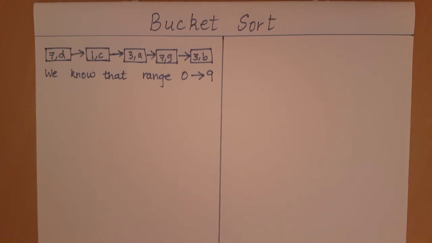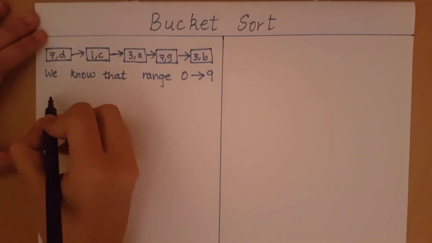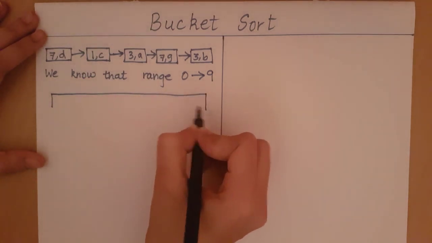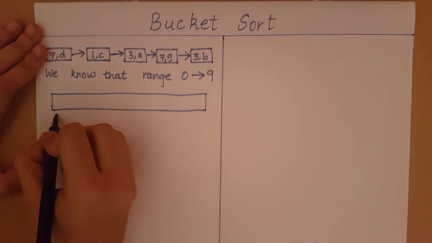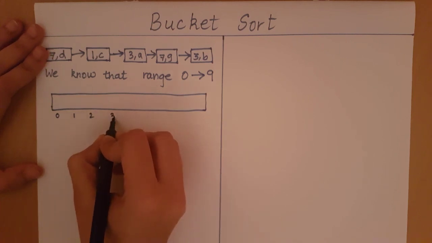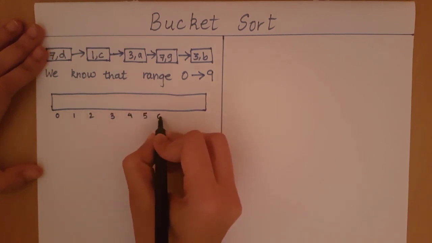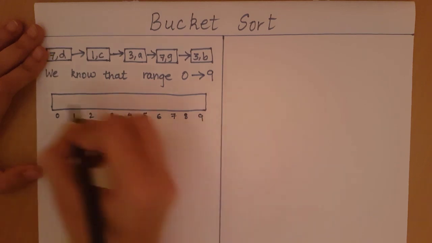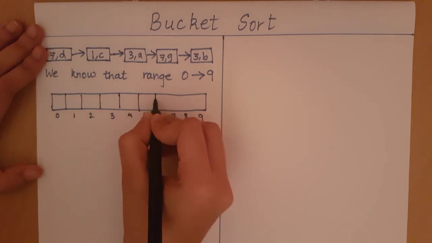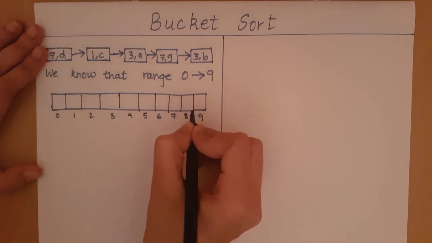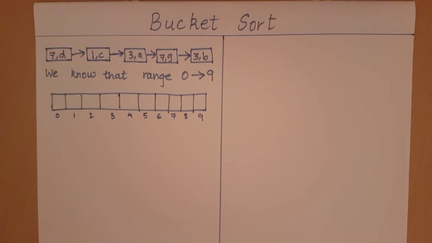So the first thing I'm going to do is create an empty array with indexes 0 to 9. And now I will have to make the indexes 0 to 9. This is going to be my array.